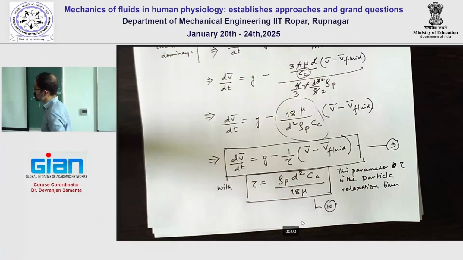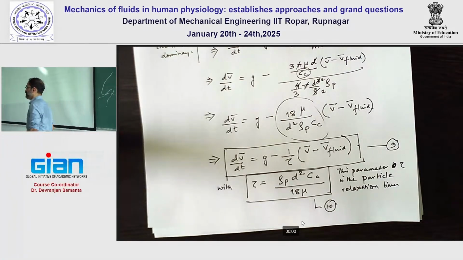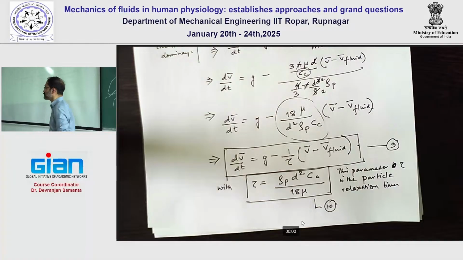If you don't have the g component, and if it is a stationary fluid, so it becomes v over tau, right? So dv/dt gives a direct sense of what the particle velocity would be like, the time scale of that velocity, to compute it, if it is stationary air and the particle is falling through that.